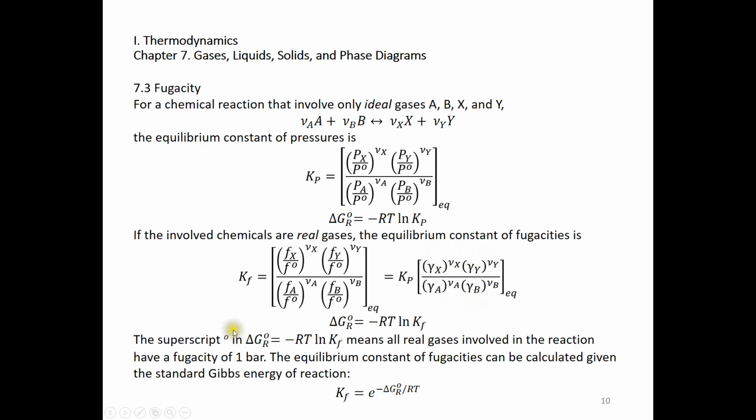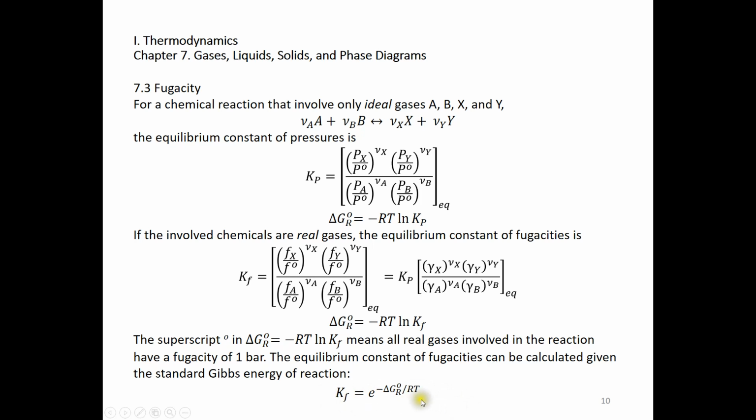And again, over here we see a superscript naught. It means standard state. And for real gases, it means every single real gas has a fugacity of 1 bar, not pressure of 1 bar. They have a fugacity of 1 bar. And given the standard Gibbs energy of reaction, we can compute the equilibrium constant of fugacities. So K sub F is e to the power of negative standard Gibbs energy of reaction divided by RT.